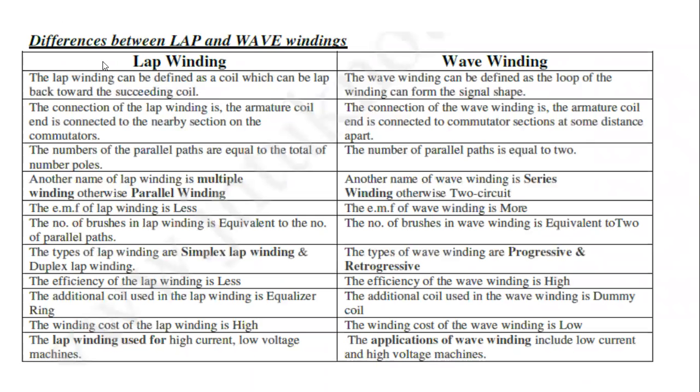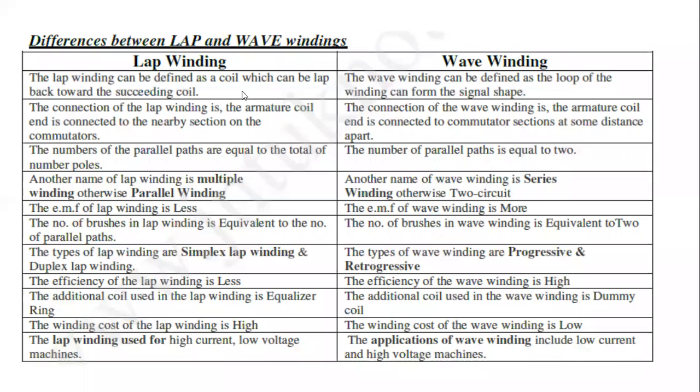Then there are two windings, that is lap and wave winding. These are some of the differences between lap and wave winding. We know that in lap winding A is equal to P, and in wave winding A is equal to 2.